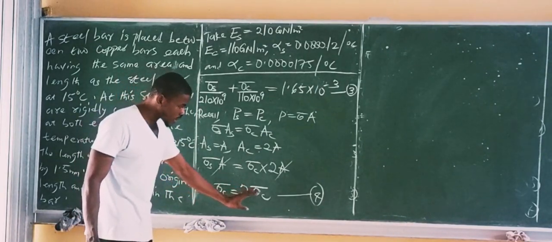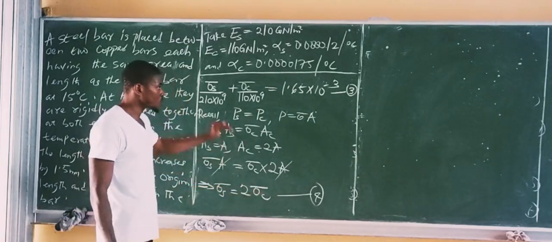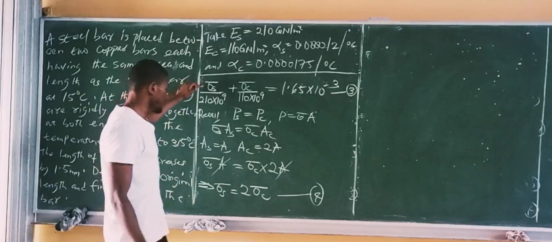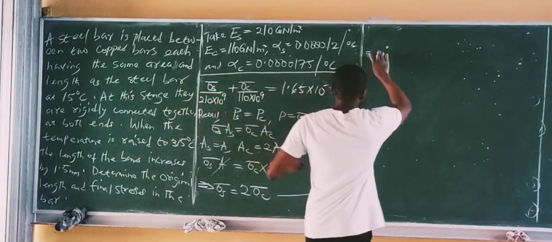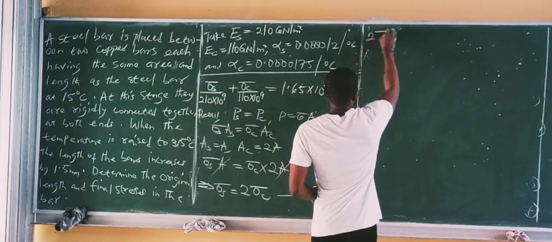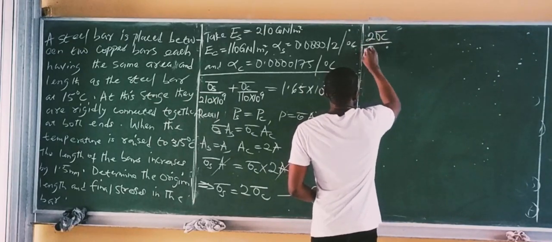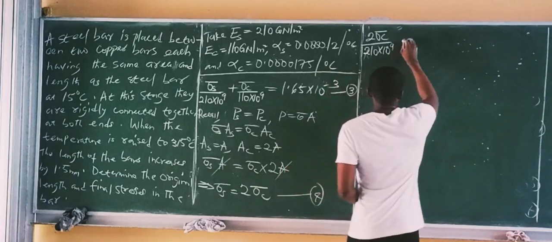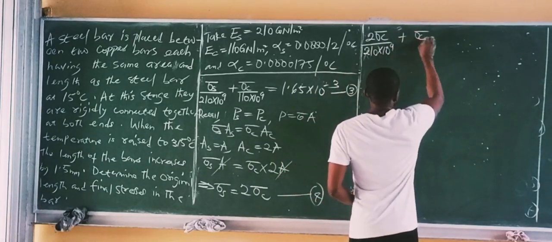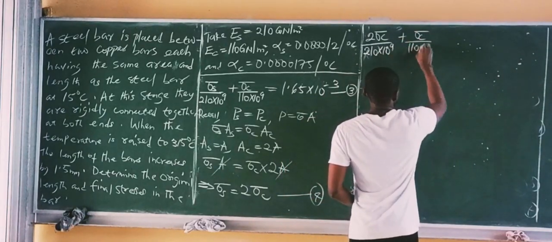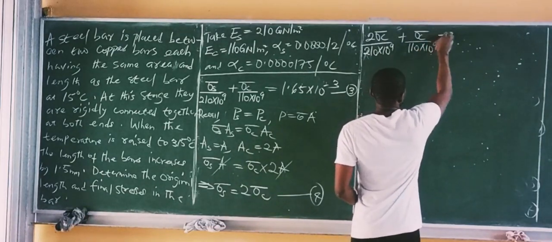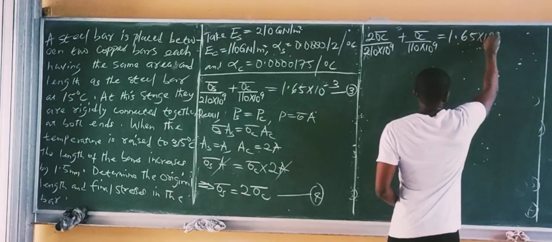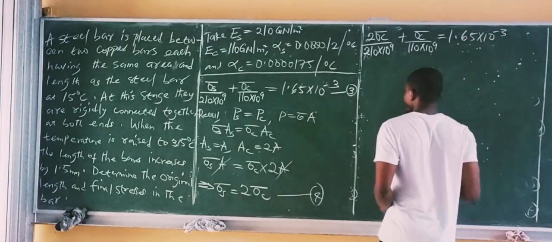So we substitute now equation 4 into equation 3. And if we do that, we are going to have, in place of stress of steel, 2 times stress of copper. So 2 sigma c all over 210 by 10 to the power of 9 plus sigma c all over 110 by 10 to the power of 9. That's equal to 1.65 by 10 to the power of negative 3.